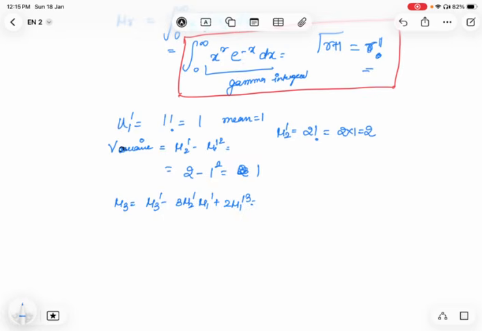So calculate mu3. Mu3 dash is equal to 3 factorial, that is 6, because 3 into 2 into 1 is equal to 6.